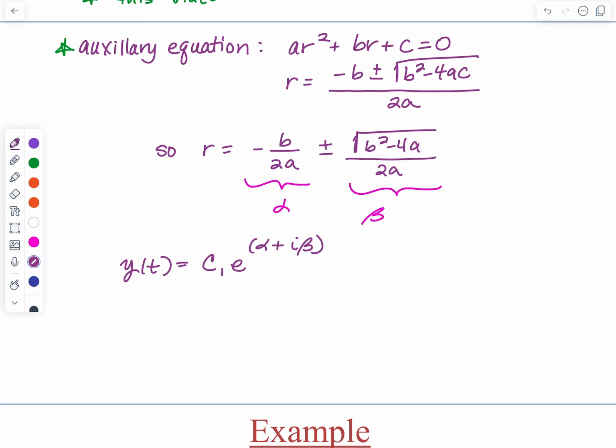And I have to do one thing here. We know that this is the real part, and this is the imaginary part.